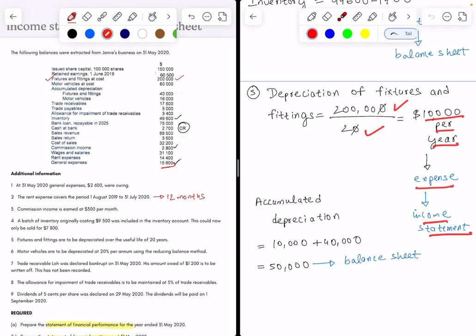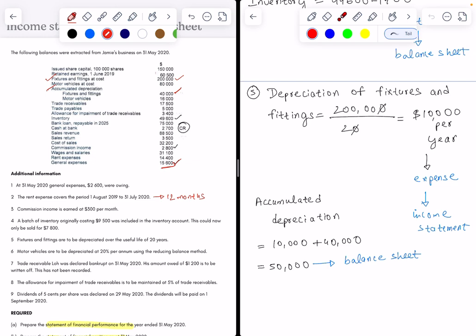Now, what about the accumulated depreciation, which is what we report in the balance sheet as part of our net book value calculation for non-current assets? Accumulated depreciation at any given point in time simply stands for the total depreciation expense that we have got so far since the day of purchase. If you check the list of balances for accumulated depreciation for fixtures and fittings, it's $40,000.